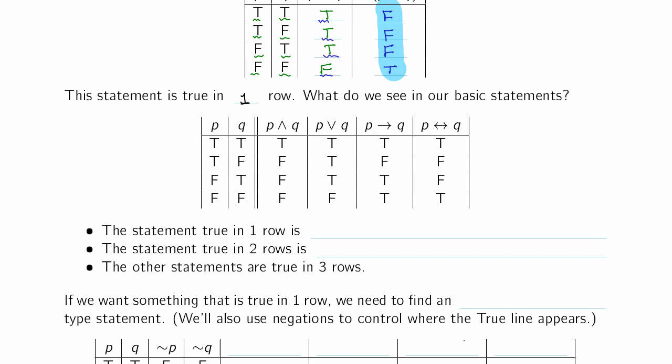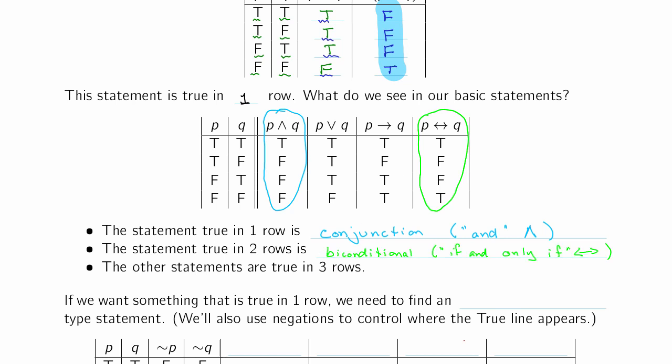We see that there's only one statement that's true in one row, namely P and Q, the conjunction. And there's only one statement that's true in two rows, P if and only if Q, the biconditional. So if we want something that is true in one row, we need to find an and type statement, a conjunction. And it turns out that by using negations, we can control where that one line that's true ends up.